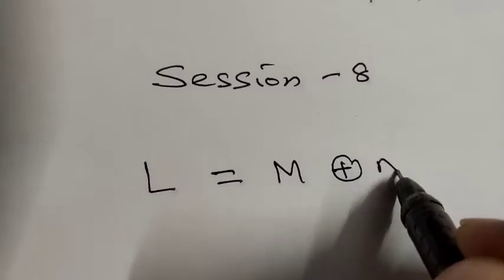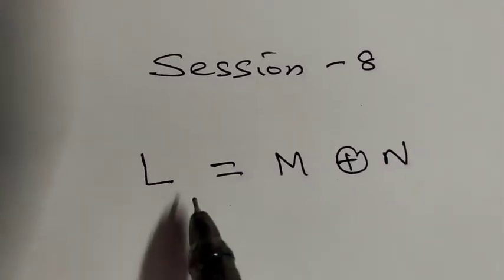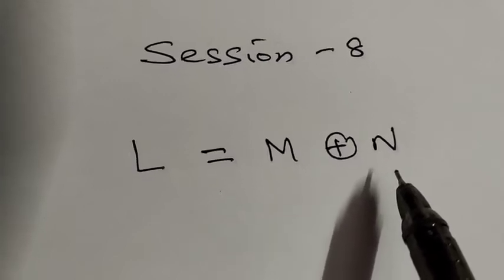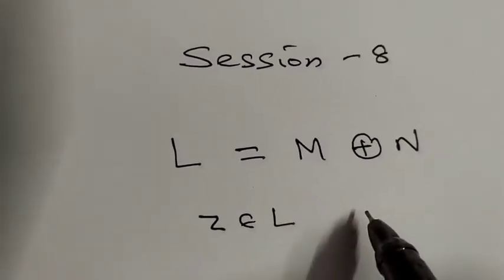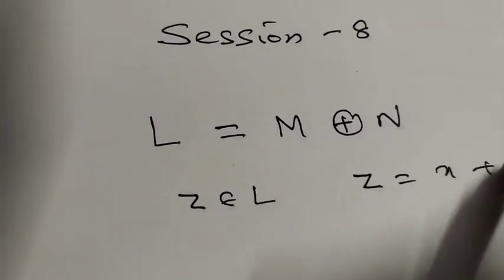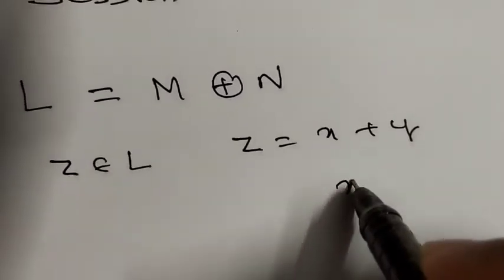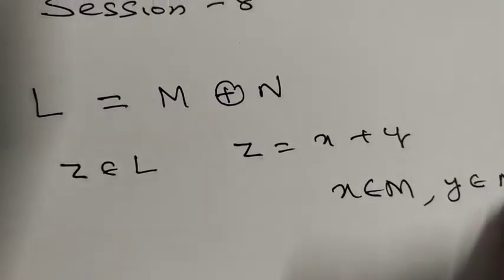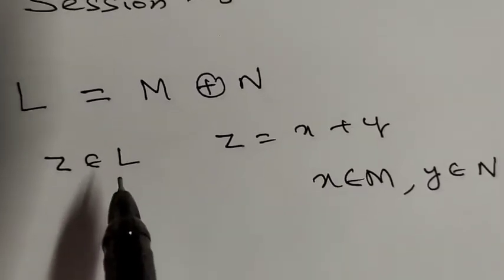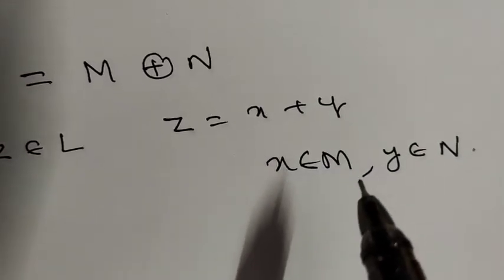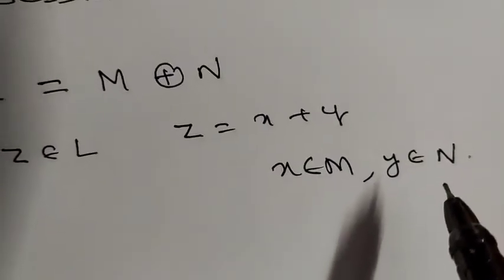Suppose L is a linear space, and this linear space L is the direct sum of its subspaces M and N. Then every vector z belongs to L can be uniquely written as z is equal to x plus y, where x is an element of M and y is an element of N.